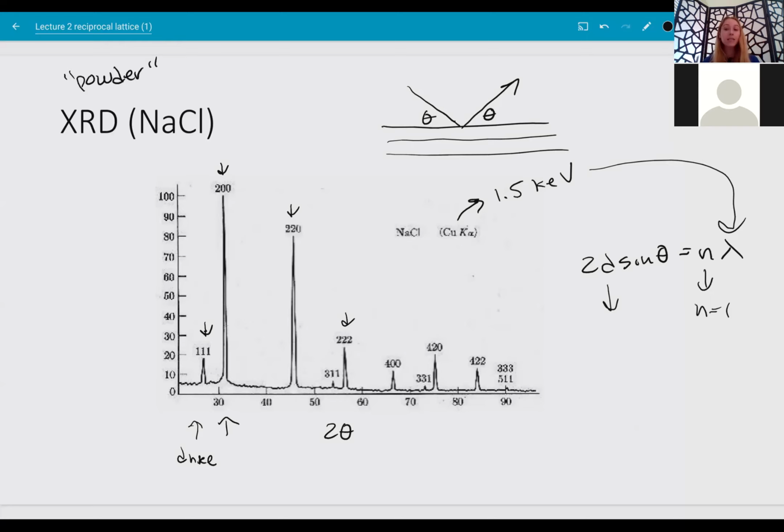I just want to emphasize that for a given material, there are finite ways to slice it up into planes and still meet the Bragg condition. And each of those finite ways corresponds to a given value of theta, given Bragg's formula, and that is what is plotted here. And the y-axis is just some arbitrary measure of intensity.